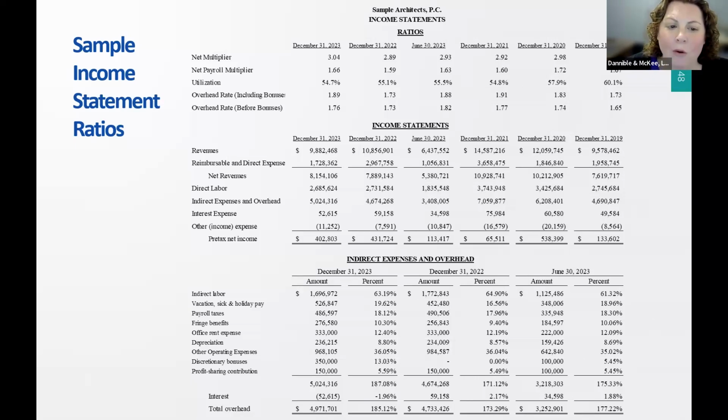I do a little breakout of what's consisted in this overhead number: indirect labor, vacation, payroll, just so you can see that period over period. And if it's beneficial, including some variance columns to this is very important, the dollars. I've included some percentages. Again, a lot of different things you could do here.